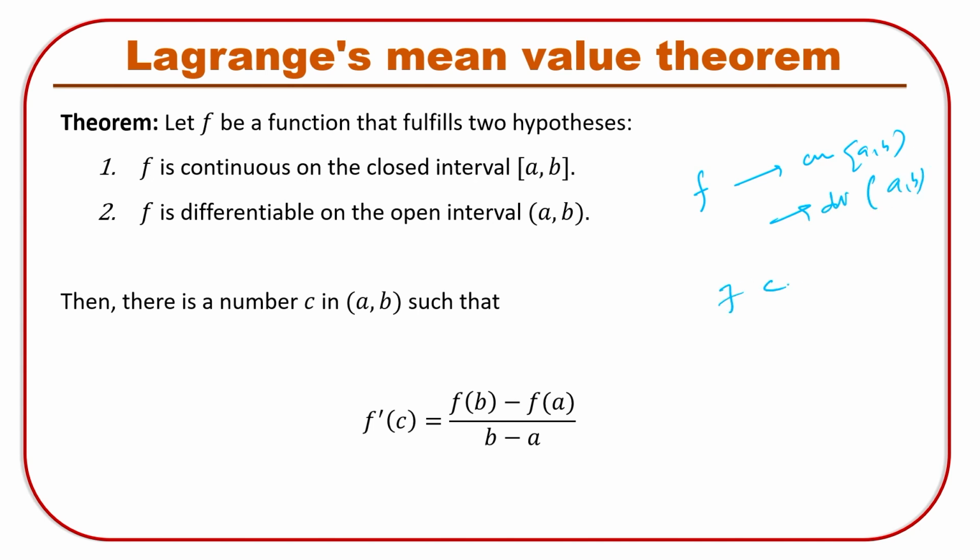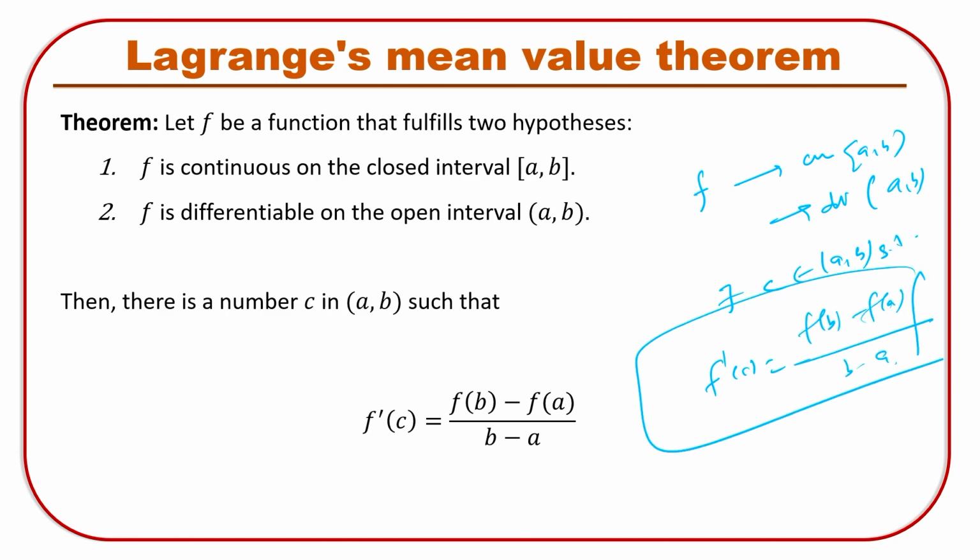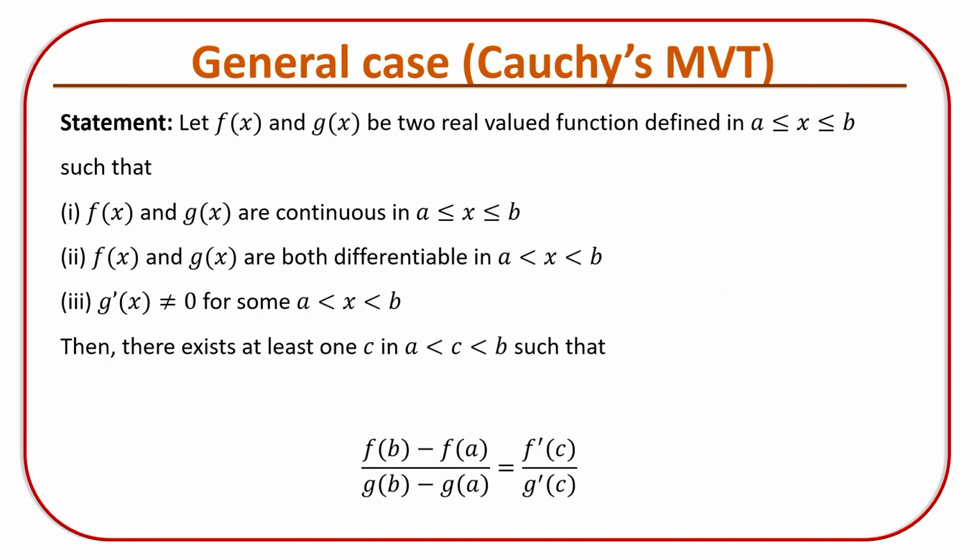Then there exists some point C in the open interval, except at the end points, such that f dash of C is the ratio of the difference between the functional values and the difference of their arguments, right? That is the Lagrange mean value theorem. And the Cauchy mean value theorem extends the Lagrange mean value theorem by introducing another function g(x).